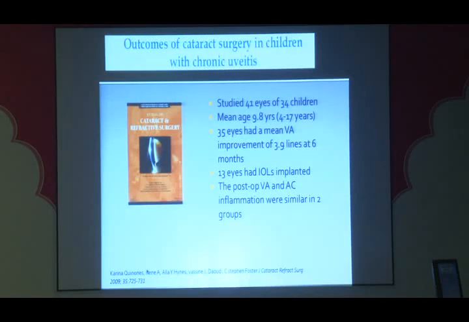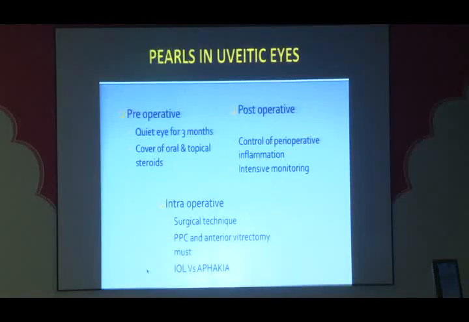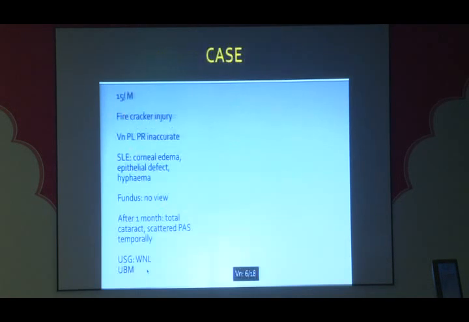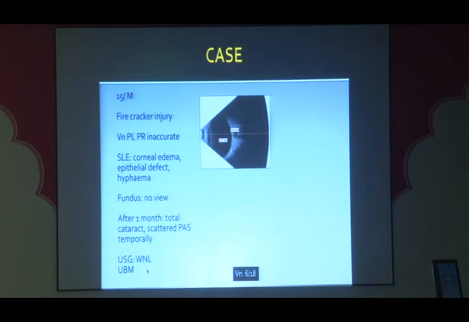Most consensus is towards IOL these days, so IOL is not a contraindication in uveitic eyes, even with JRA. So in uveitic eyes, make sure the eyes are quiet, use intensive steroids, and the choice of lens is acrylic in the bag.